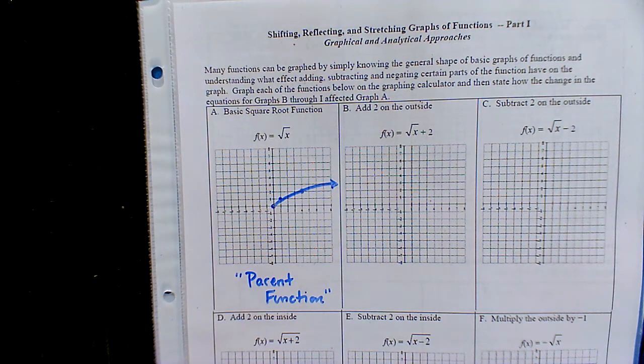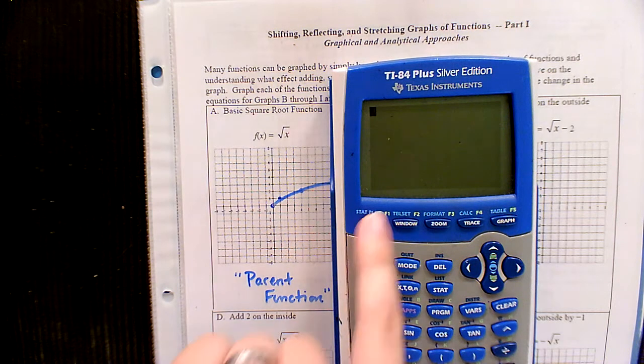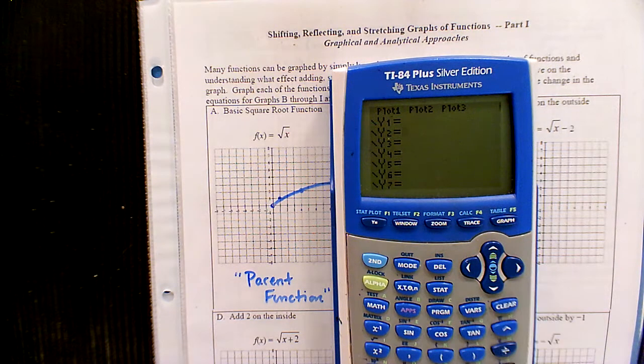So let's check out what happens if we add 2 outside of that square root. We're going to see what happens on our graph. Turn it on. Let's go into y equals, and we can clear out anything that's in there.